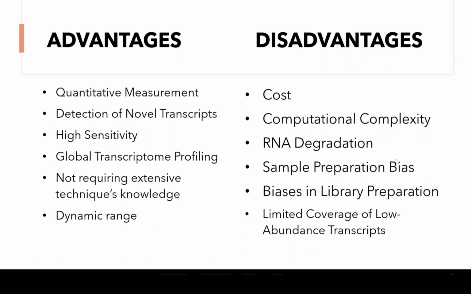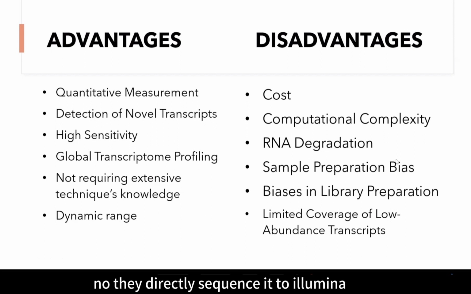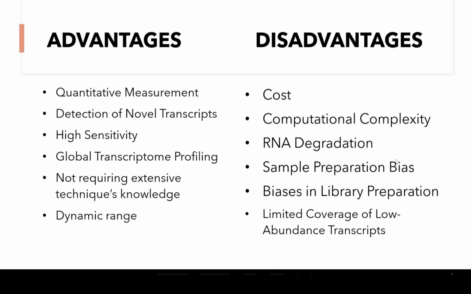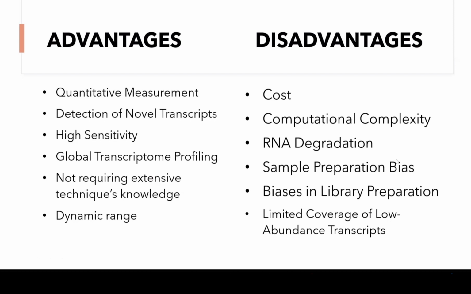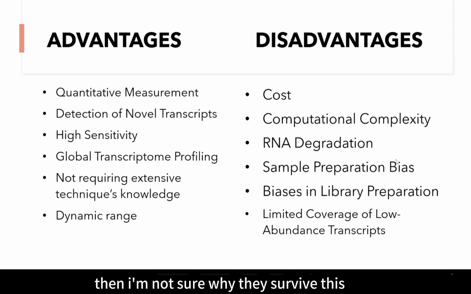No, they directly sequence it on Illumina and then generate the library. So the preparation is not any from RNA to cDNA, or could there be any amplification method involved? No. Then I'm not sure why there's a bias.